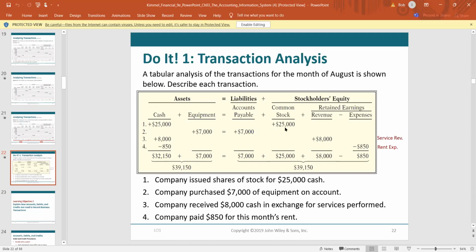So the 25,000 is going to be the same unless they issue more stock. The profit of 8,000 minus 850, which is 7,250, I believe, is going to be sitting up in the account called retained earnings. Okay, retained earnings.